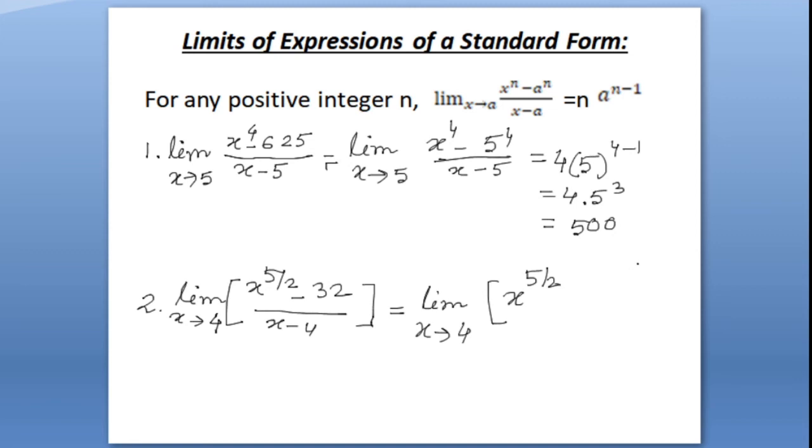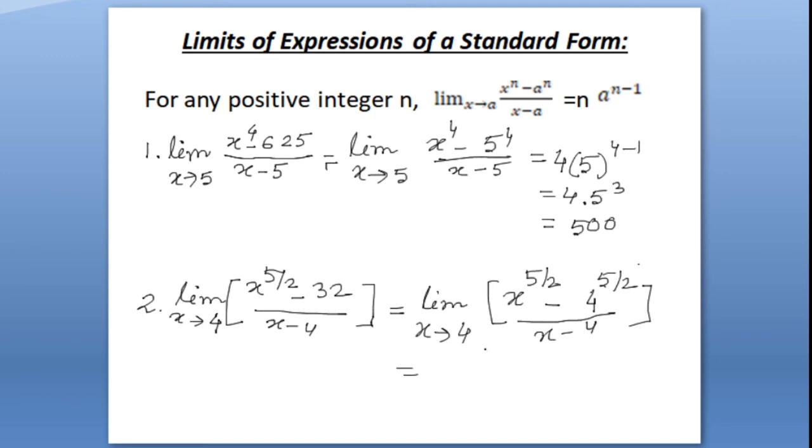If we convert 32 in this way, we can write 4 into 4 into 4, that is 4 into 4 is 16 into 2, and for that we can write 4 to the power 5 by 2 by x minus 4.